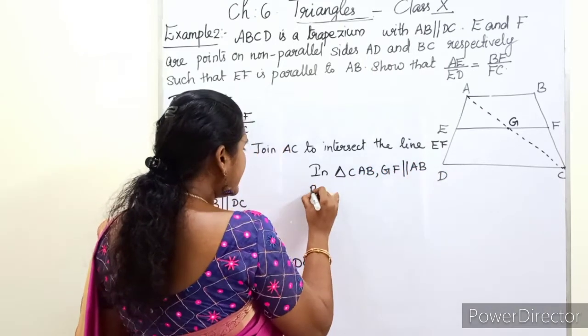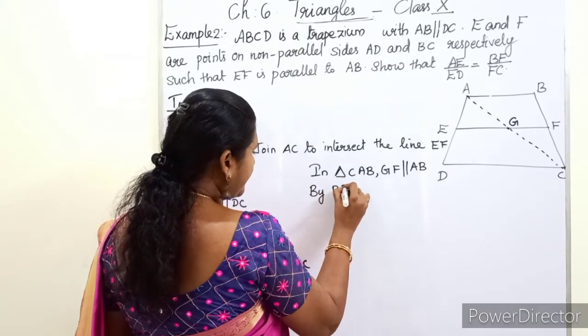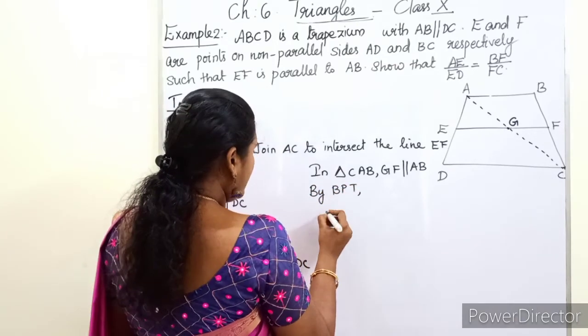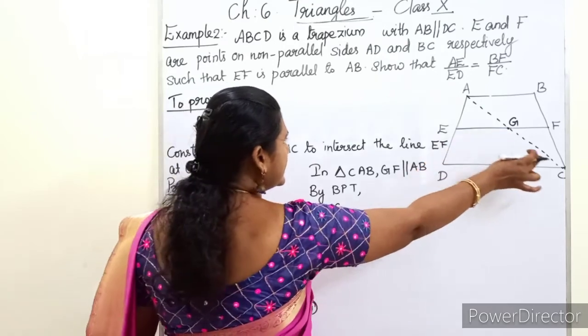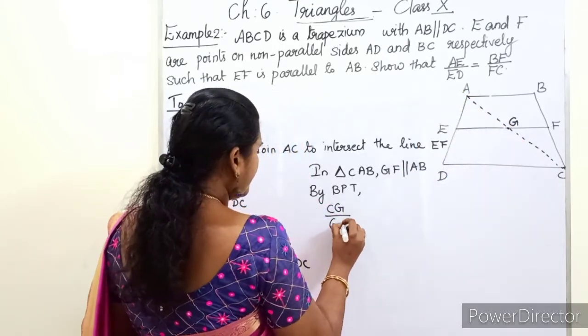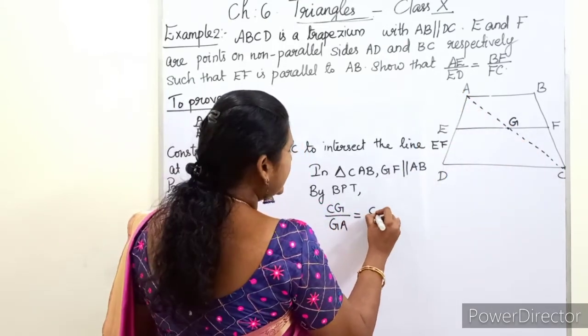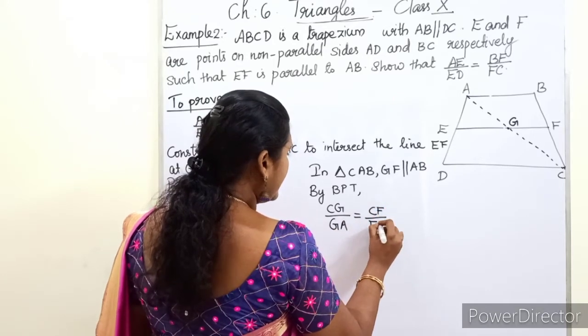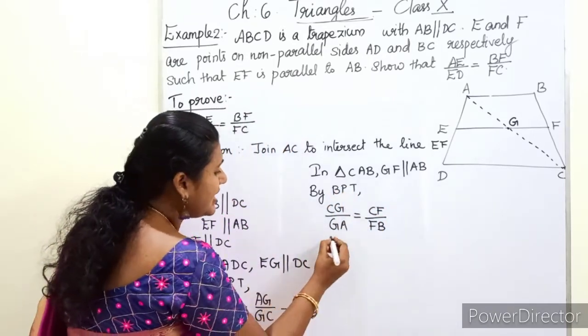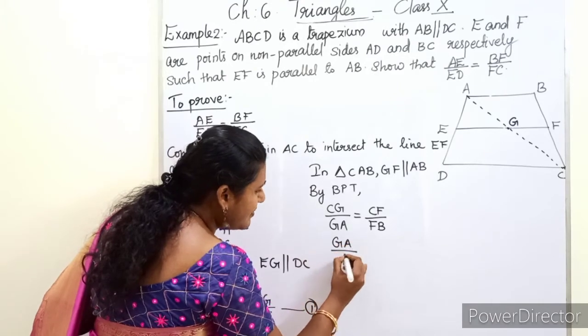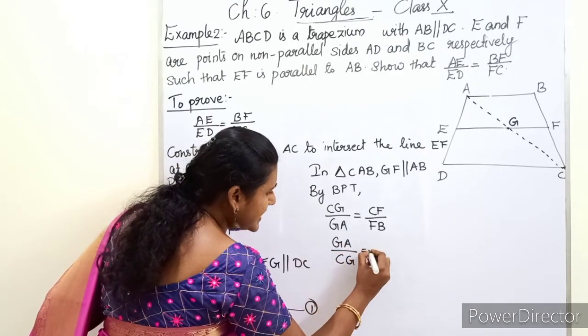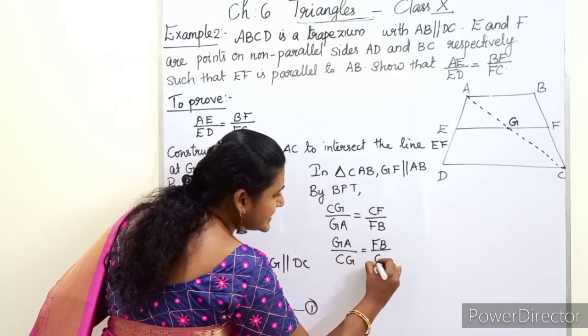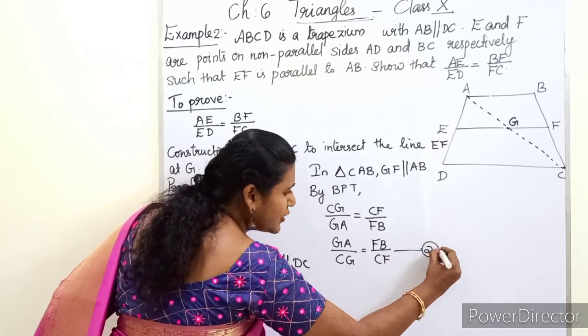So, by basic proportionality theorem, we can write CG by GA is equal to CF by FB. Now, we will take a reciprocal. So, we can write GA by CG is equal to FB by CF. So, this is the second equation.